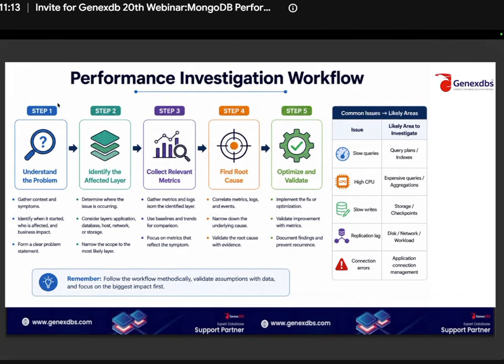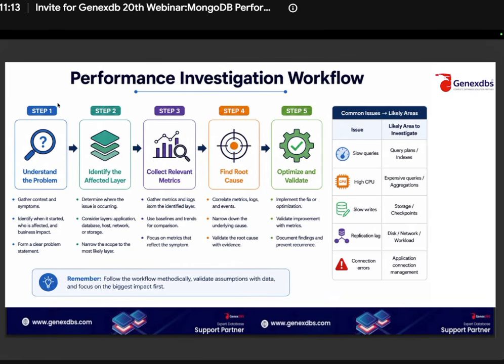Here we can learn about the performance investigation workflow. Whenever users report application performance issues, we should avoid collecting every available metric. Instead, we should follow a structured performance investigation workflow, with different steps. Step one: understand the problem.